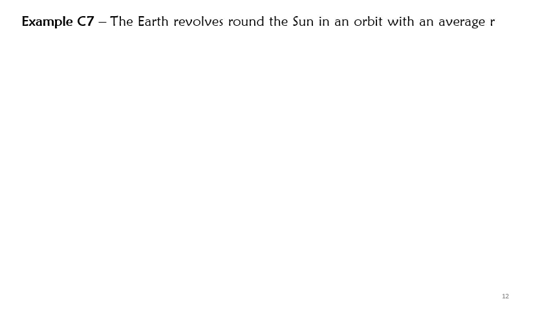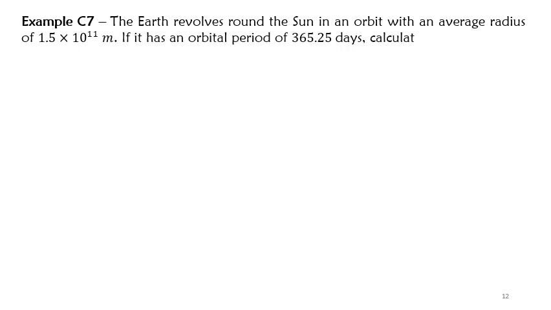Okay, and the last exercise for you. The Earth revolves around the Sun in an orbit with an average radius of 1.5 times 10 power 11 meters.